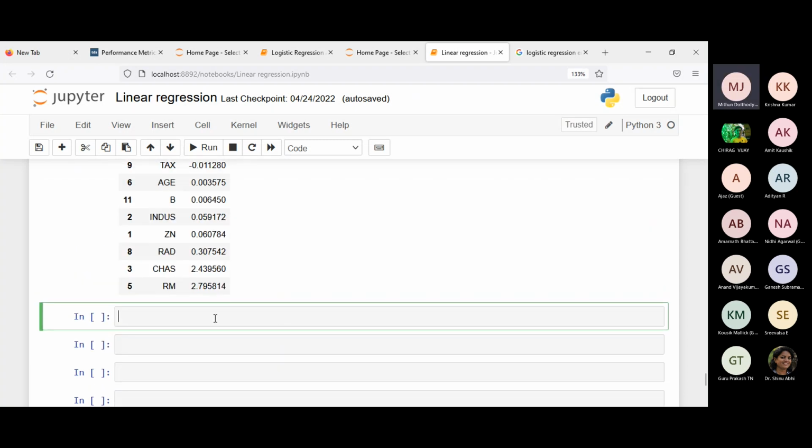So this is one way of generating the coefficients. So this is method 2, generating linear regression output.